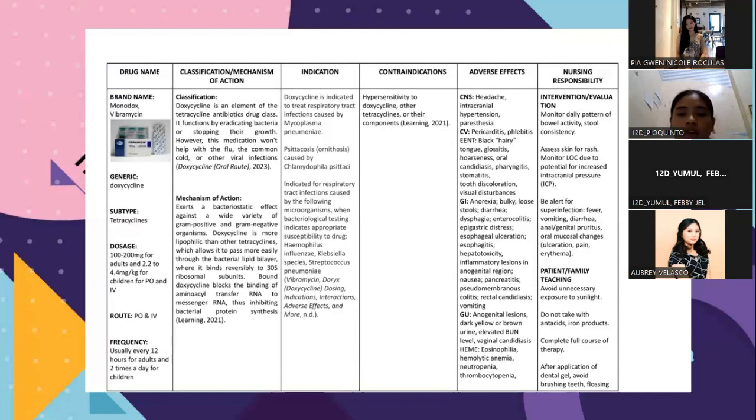In adverse reactions, in the central nervous system: headache, intracranial hypertension, paresthesia. In the cardiovascular system: pericarditis, phlebitis. In eyes, ears, nose, and throat: black hairy tongue, glossitis, hoarseness, oral candidiasis, pharyngitis, stomatitis, tooth discoloration, visual disturbances.